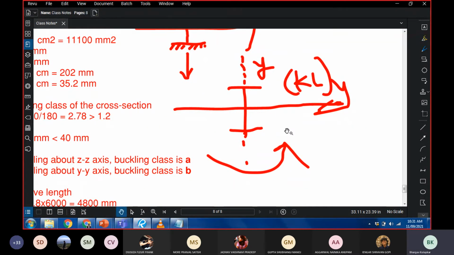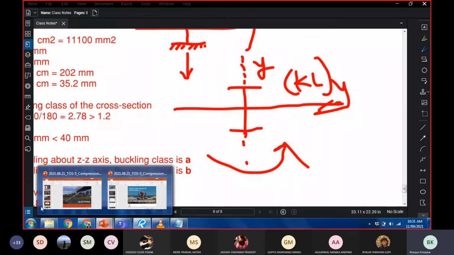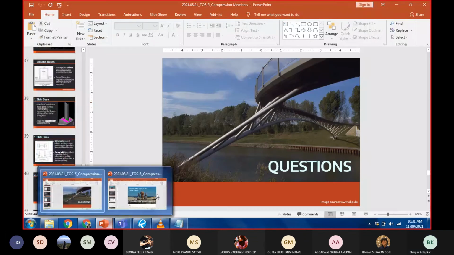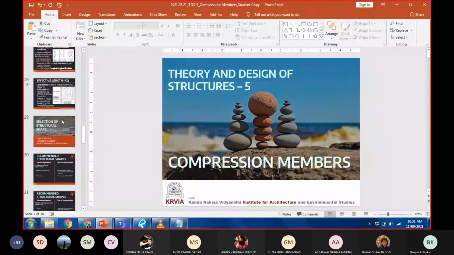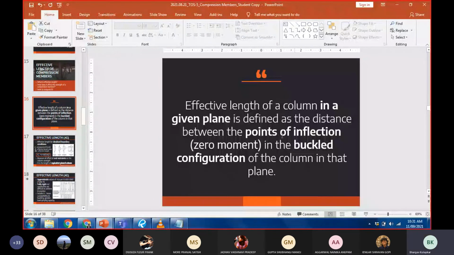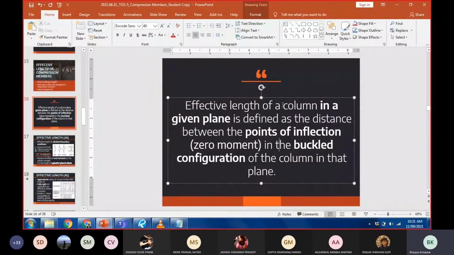So basically, we can have two different effective lengths for the same column about different axes. If I go back to the presentation, that is why we say effective length of a column in a given plane, whether bending about Z axis or Y axis.